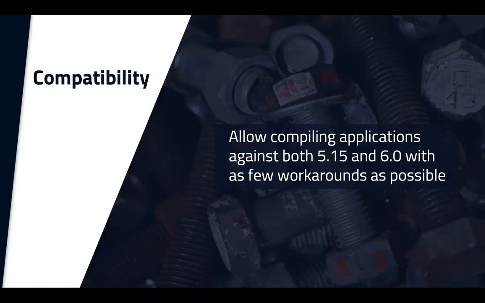And we want to make sure that that effort is as low as possible, that you can easily take your code base and bring it over to Qt 6 with as few workarounds as possible. Actually compile your application against both versions, both Qt 5.15 and 6.0 at the same time with as few workarounds as possible.